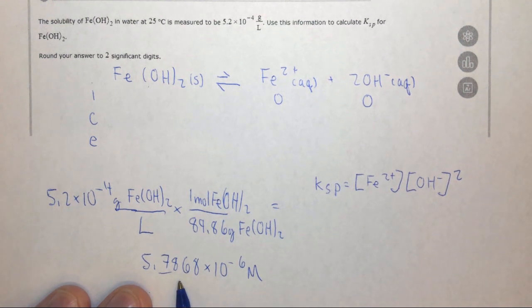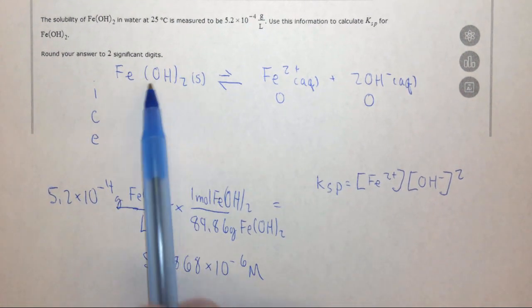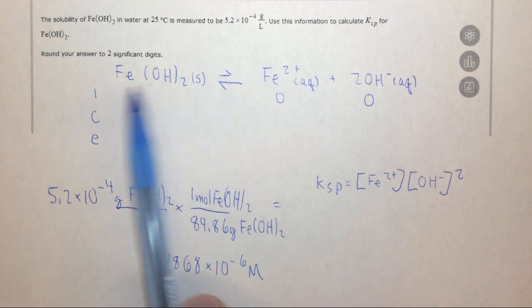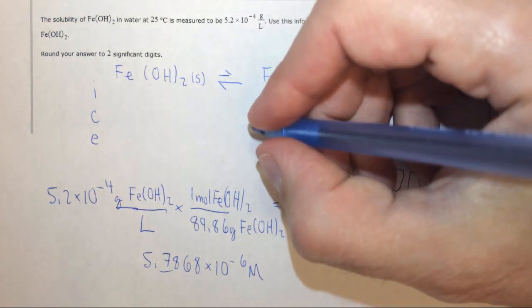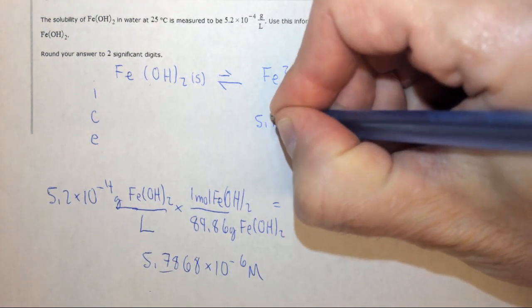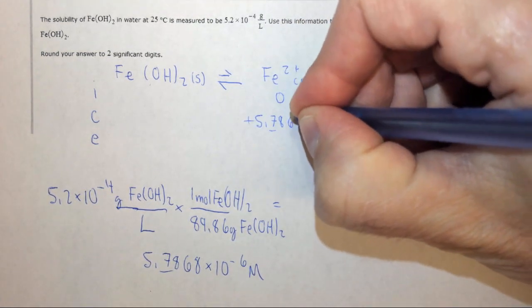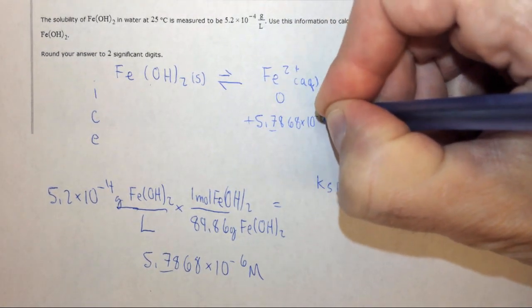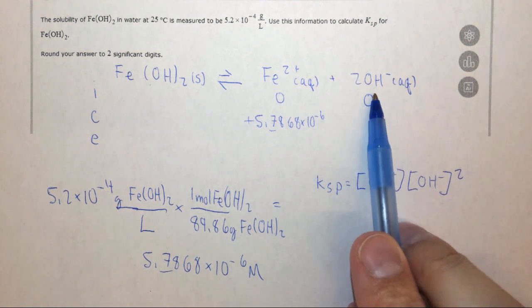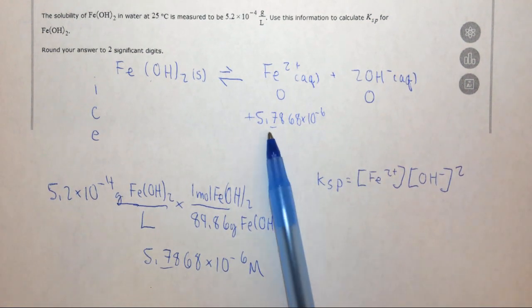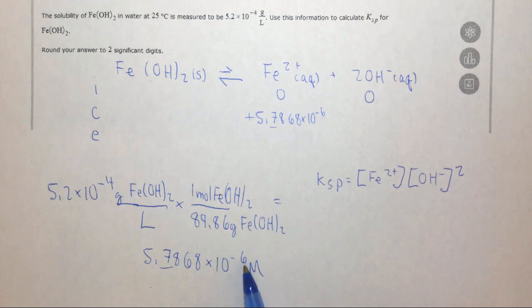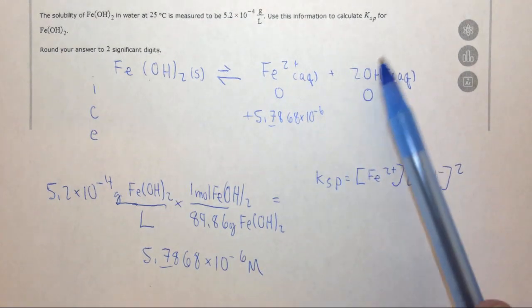So if this is the concentration of this when we dissolve it, it's going to be the same for this because they're 1 to 1. So we can plug this in: plus 5.7868 times 10 to the minus 6. And for OH minus, it's going to be double this, because for every one of these that dissolves, we get 2 of these.